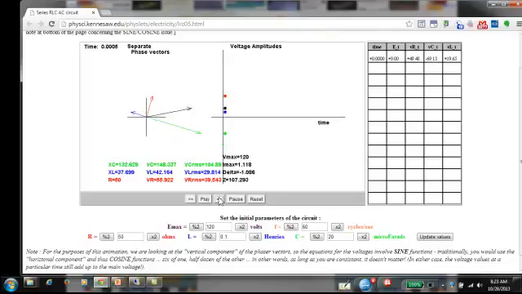As we run it, I'm going to run it in slow motion now. Now notice for every instant, the values of the voltages are going to add up. This is the graphic like what we saw earlier. This is rotating as we expect. This is VR at this particular instant, 0.00035 seconds.